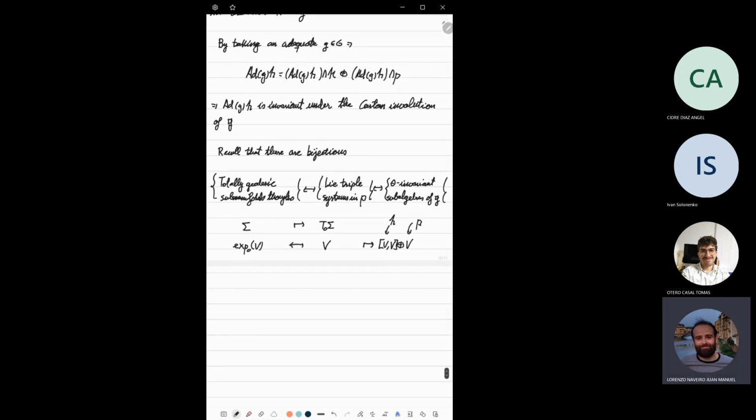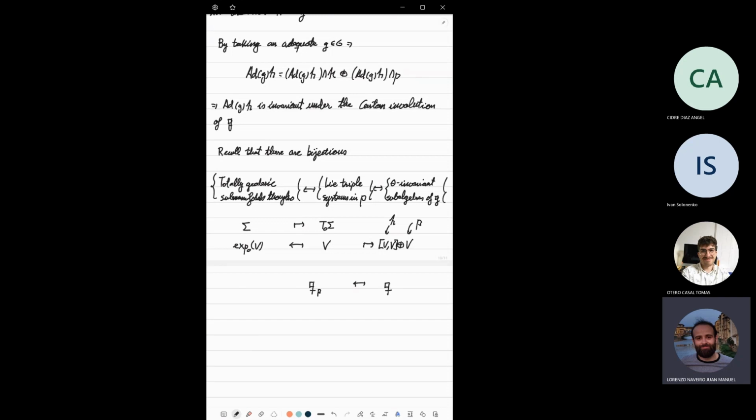And to finish the correspondence, simply take any theta invariant subalgebra of g, so say that it's q. Then one can construct a Lie triple system by taking the projection of q on p, or equivalently the intersection of q with p. So these maps given here are all bijections.